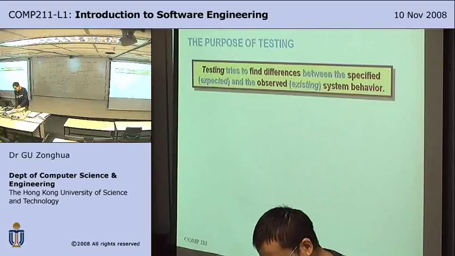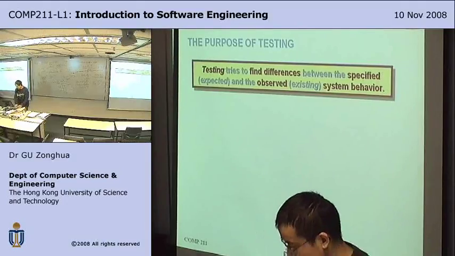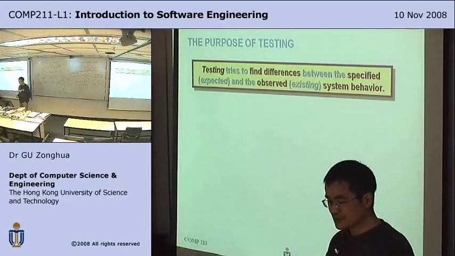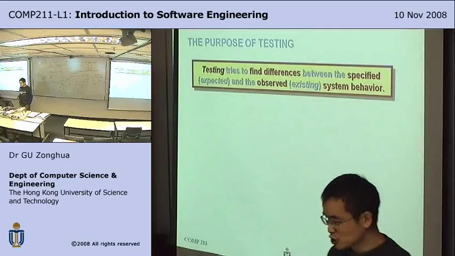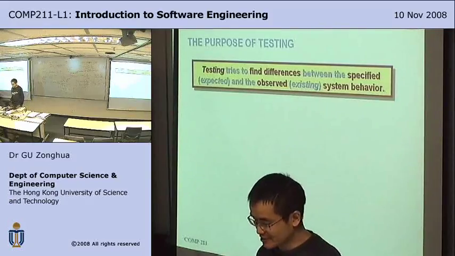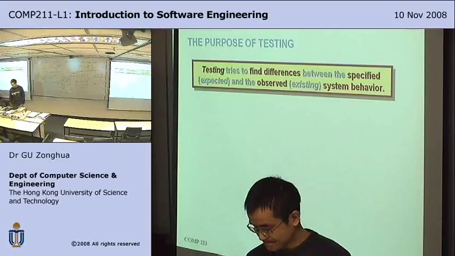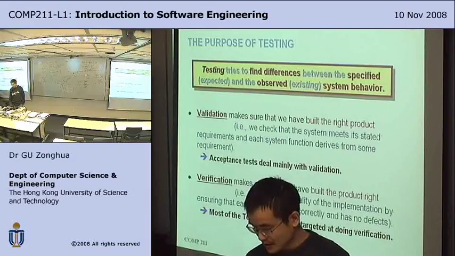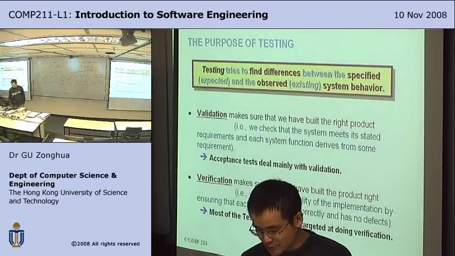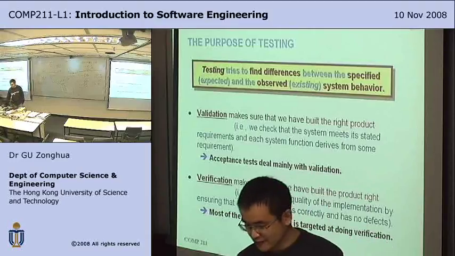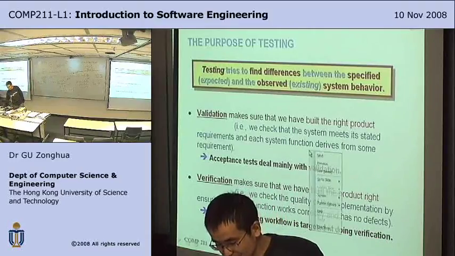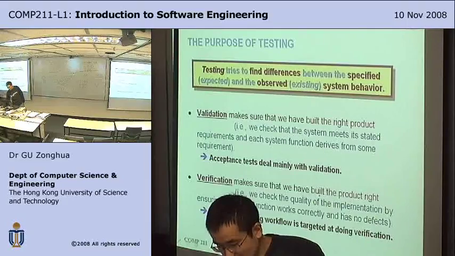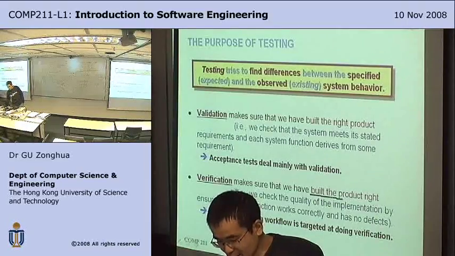So the purpose of testing is to try to find the differences between the specified, expected, and the observed existing system behavior. So that is the difference between validation and verification. So validation makes sure that we have built the right product, while verification makes sure that we have built the product right.